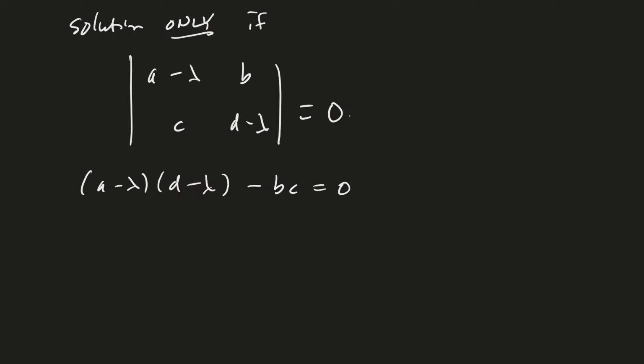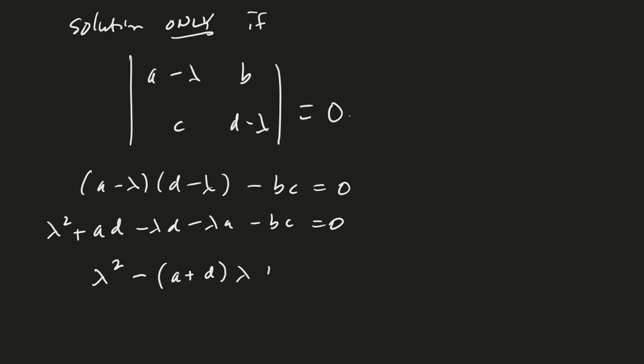Now notice if I multiply this out, what do I get? ad minus lambda d minus lambda a minus bc equals 0. Oops, I forgot my lambda squared. And so now, notice that if I rewrite this, I could rewrite it as lambda squared minus a plus d times lambda plus ad minus bc equals 0.